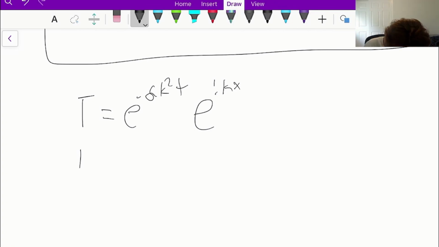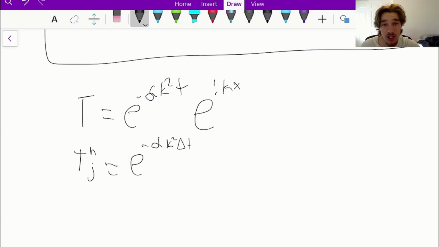We're solving for T n at position j at time n, like we said. So e to the negative alpha k squared delta t, right? Because this is a change in time, times n, so whatever our time is, right? And then e to the I k delta x times j, and then we're going to put n right there.